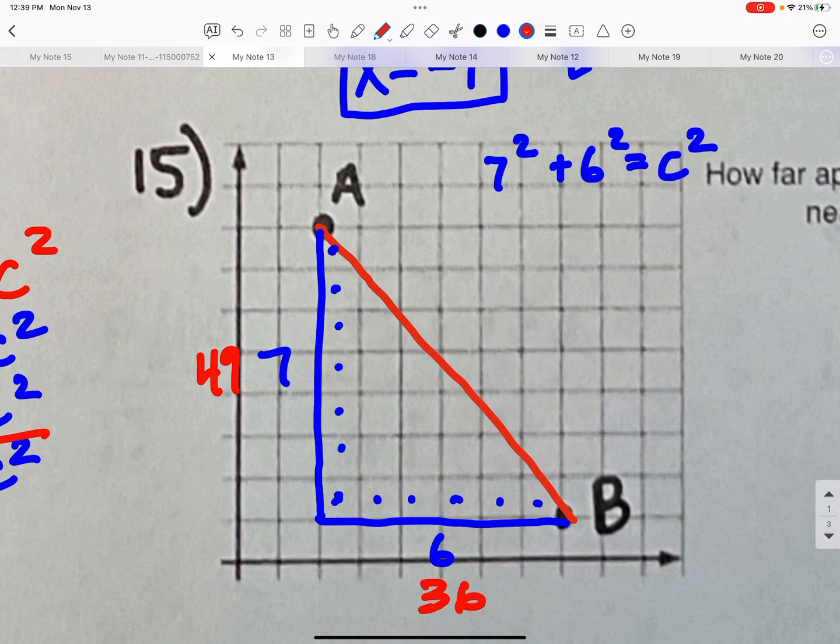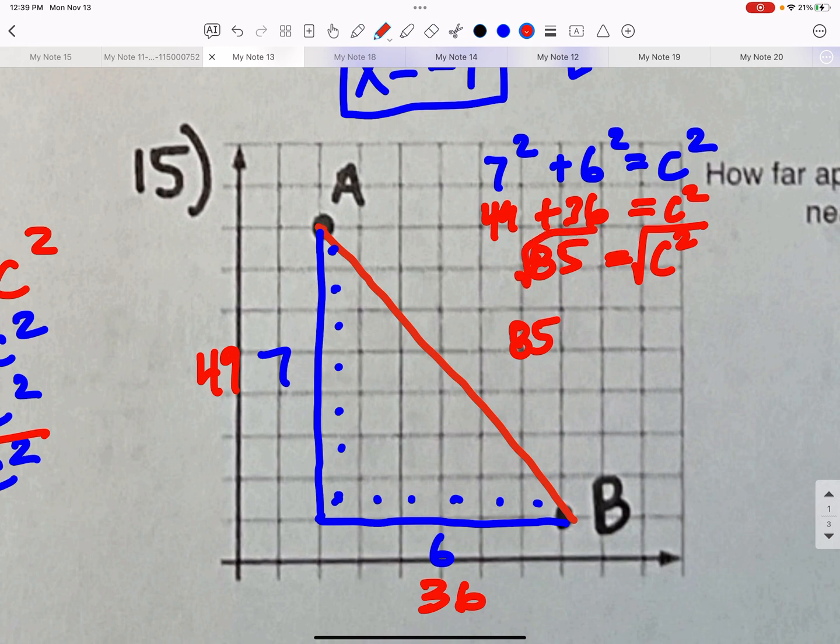Once you square this side, it's 36. If you add them together, 49 plus 36 equals 85. So this side, when you square it, must be 85. The answer is not 85. We've got to think of a number that when you multiply it by itself, it becomes 85, just like 7 becomes 49 and 6 becomes 36. So we take the square root of 85 to figure out that number, and C is about 9.2.